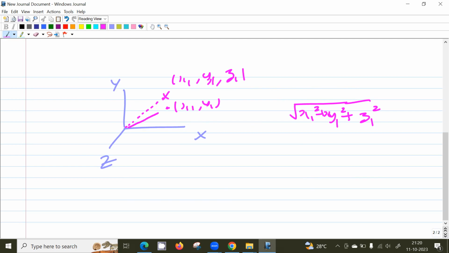So this distance, by Pythagoras theorem in 2D, will be square root of X1 square plus Y1 square. Now, since there is a perpendicular drop to this point, this angle is 90 degrees. So in this triangle, if I again apply Pythagoras theorem, it will be this square plus this square, and this distance is Z1.